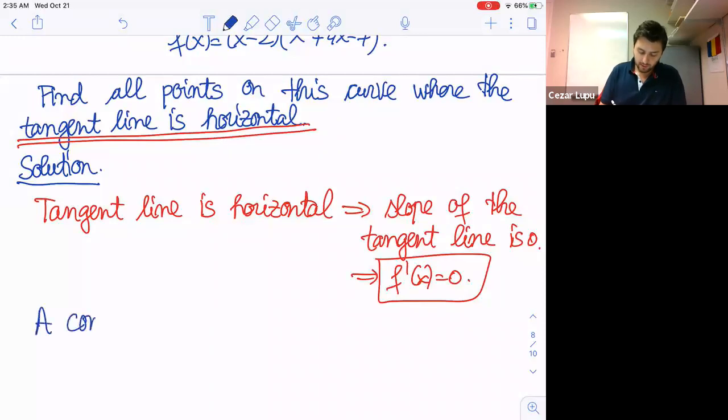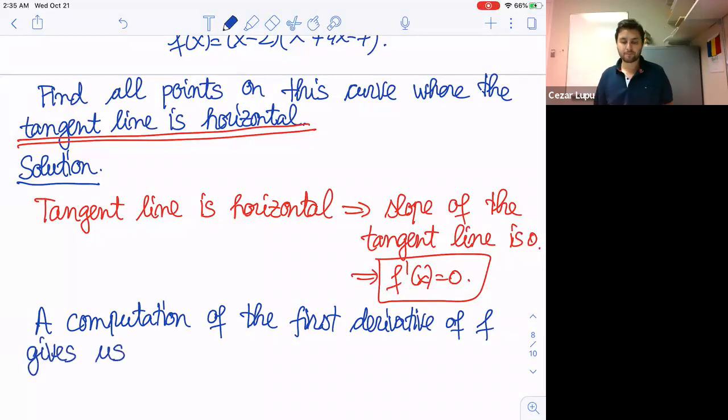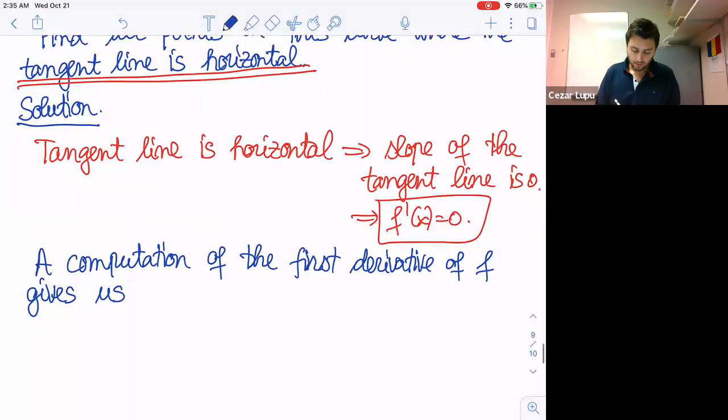So a computation of the first derivative of f gives us that f prime of x will be, well, you see you have the product of two functions.